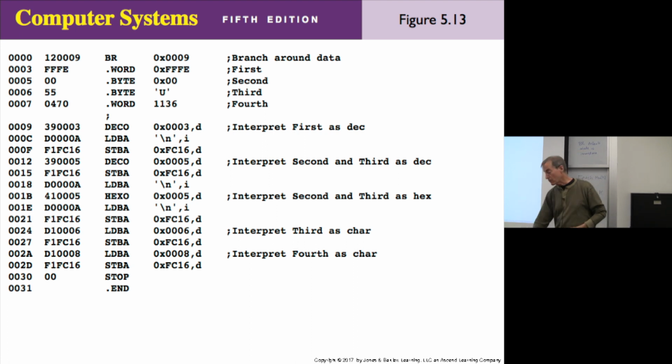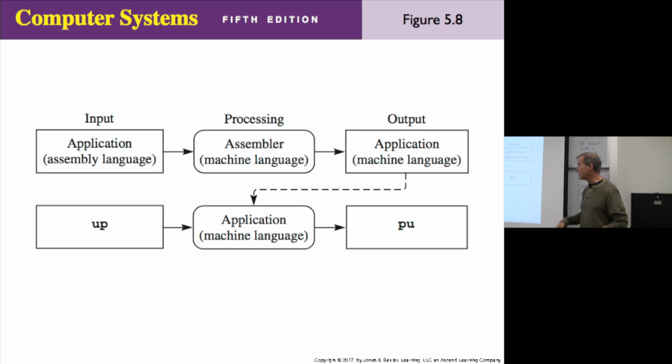Which one happens first? Translation. Yes, and so let's close with figure 5.8. We'll continue analyzing that program tomorrow. Figure 5.8 shows that there are always 2 runs. The first run is translation.